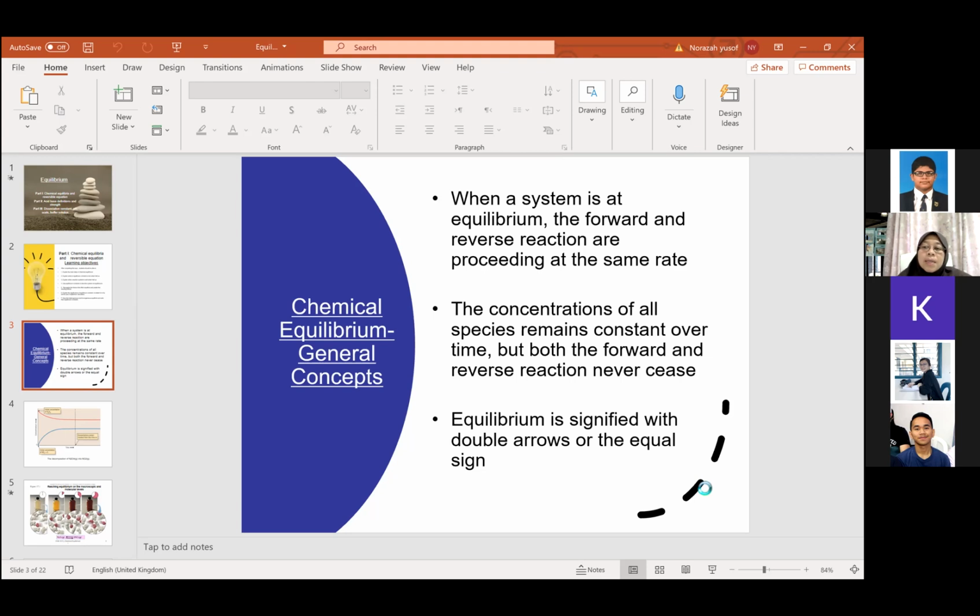Another characteristic during equilibrium is that the concentration of all species remains constant over time, but both the forward and reverse reactions never cease. Equilibrium is signified with a double arrow, meaning that you have a reversible reaction.